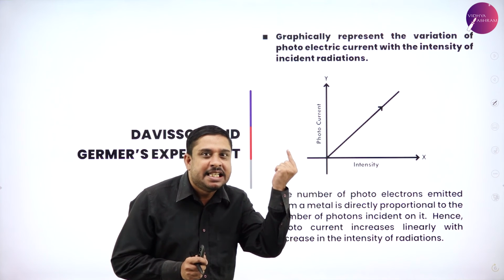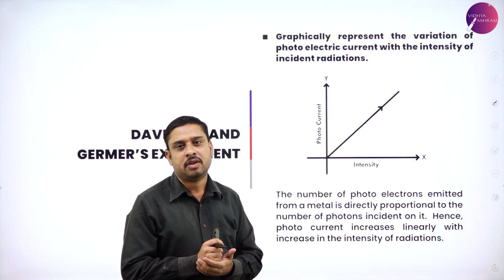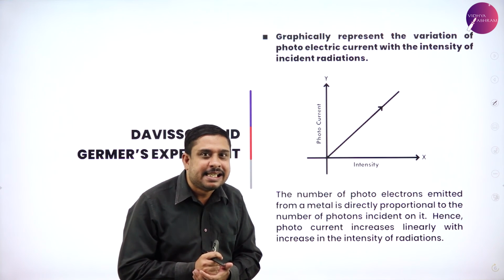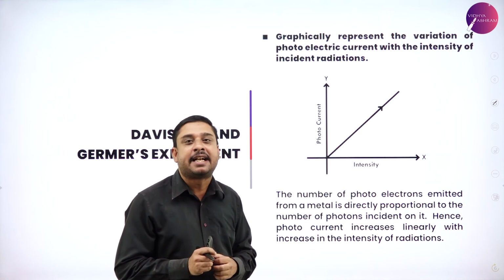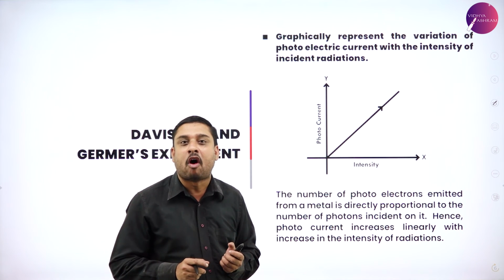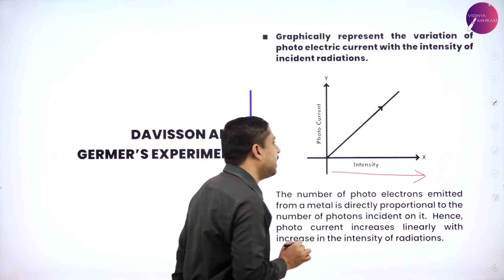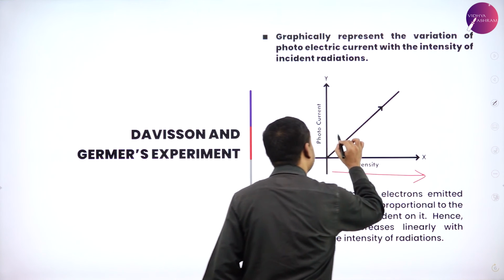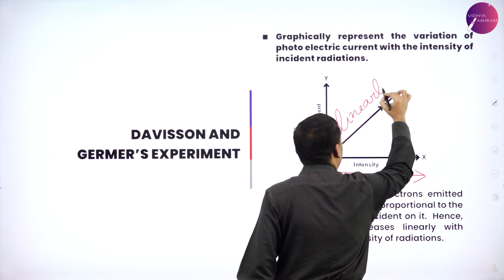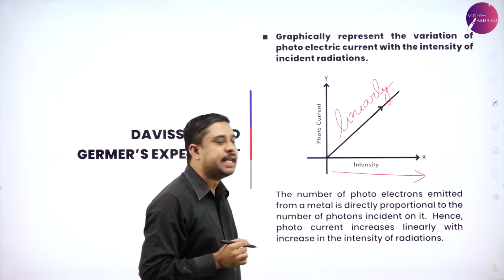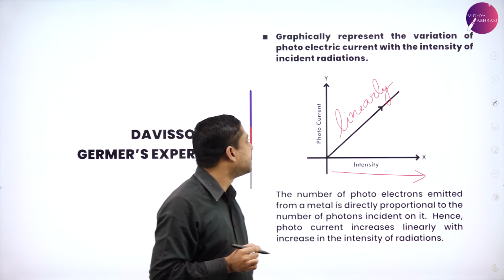If one photon is incident, one electron is liberated. If 2 photons are incident, 2 electrons are liberated, and proportionately photocurrent is constituted. So you can see, as the intensity increases linearly, photocurrent also increases. With increase in intensity, there is increase of photocurrent.